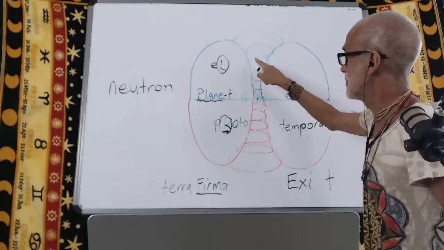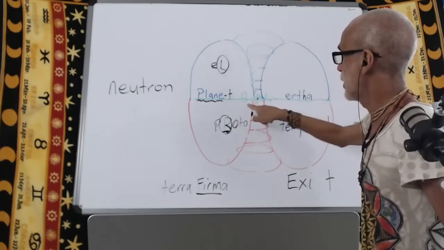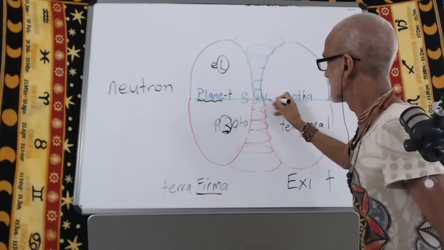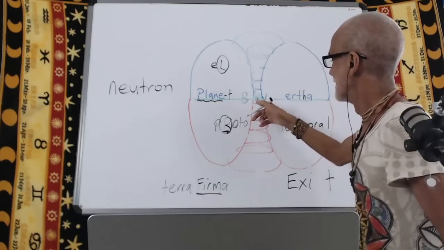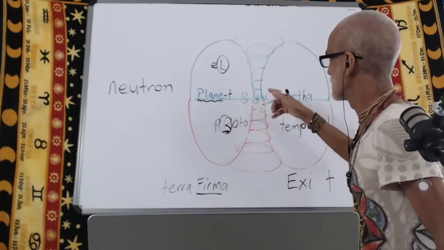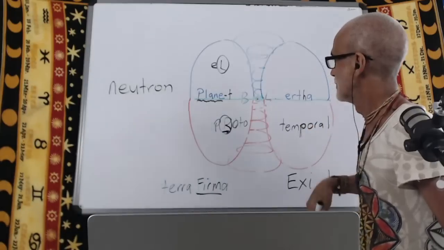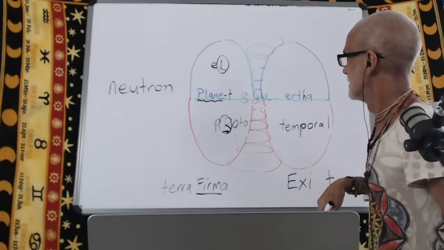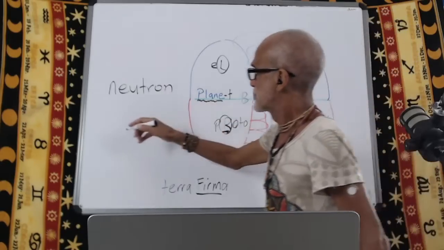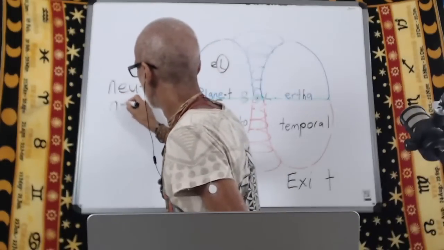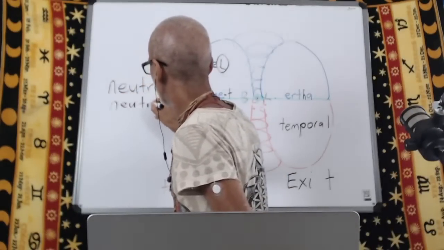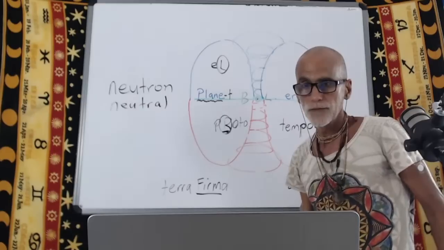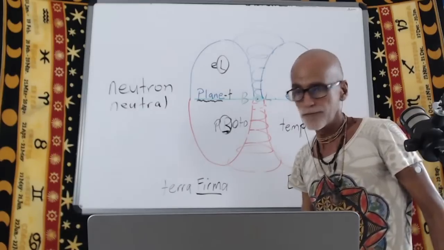L is all about blue, blue. Bowl is blue, bowl. Even though you can see it's green there. It's still, bowl is blue, blue. Okay? Neutron means neutral. Neutral means natural.